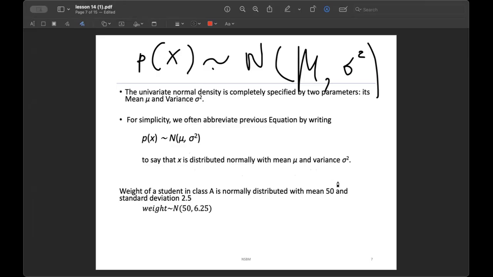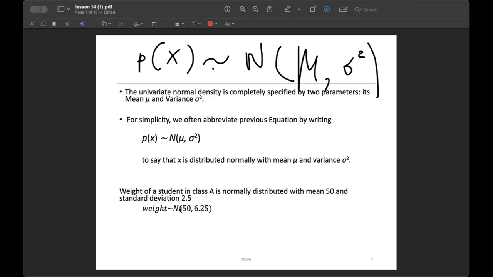So, the weight of a student in class A is normally distributed with mean 50 and standard deviation 2.5. So the variates will be all the measured weights.